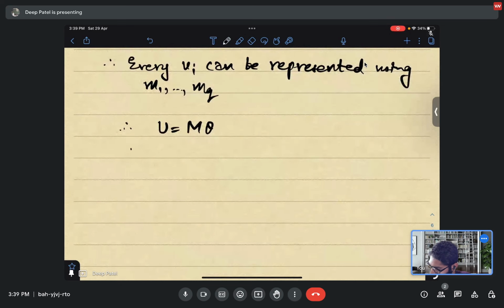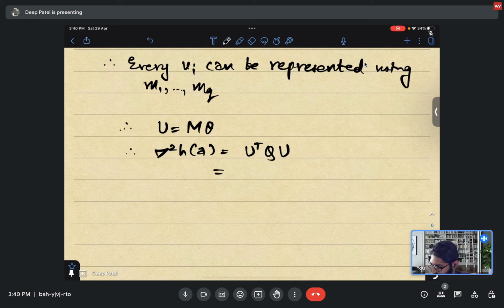Right? So what was the Hessian? If you recall, it was u transpose Qu, and if I substitute m theta here, and the fact that Q is m D m transpose, because these m matrices are orthogonal matrices.